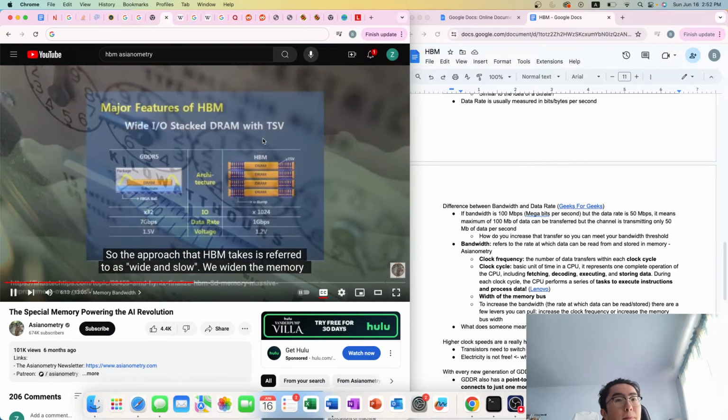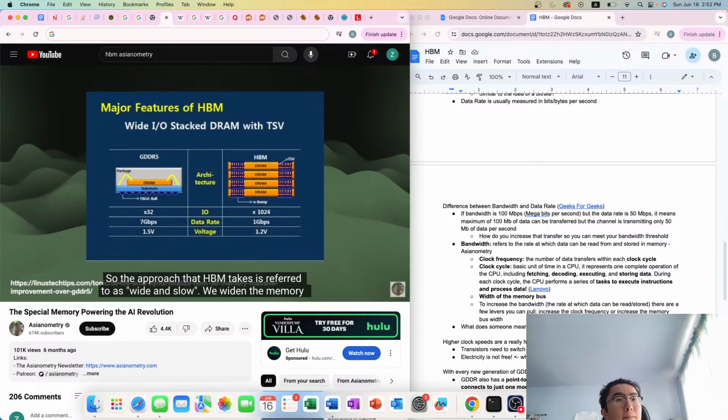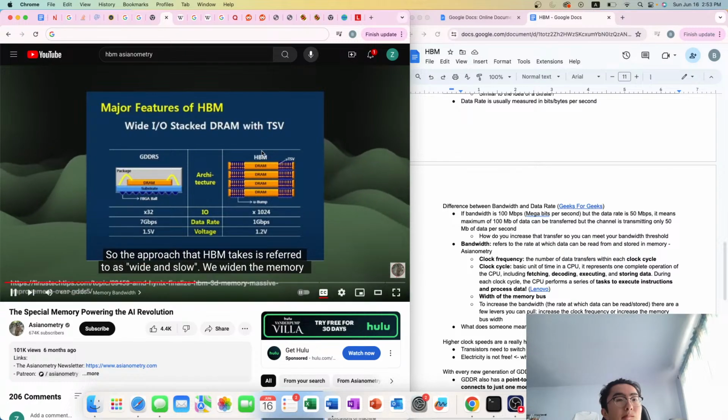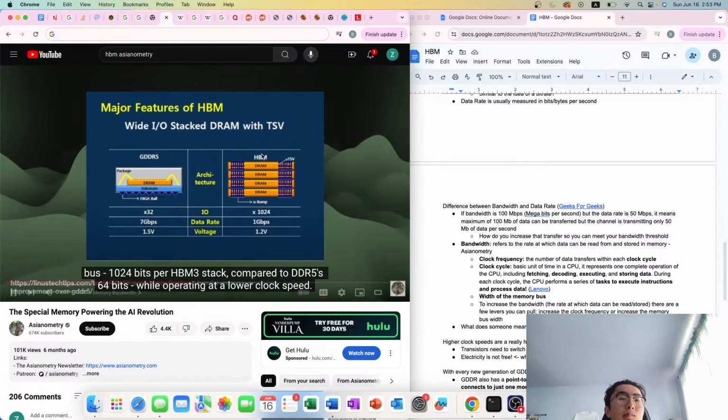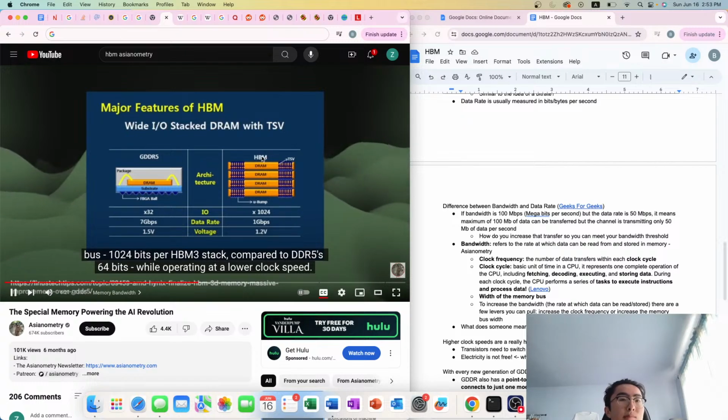So the approach that HBM takes is referred to as wide and slow. We widen the memory bus, 1024 bits per HBM3 stack, compared to DDR5's 64.